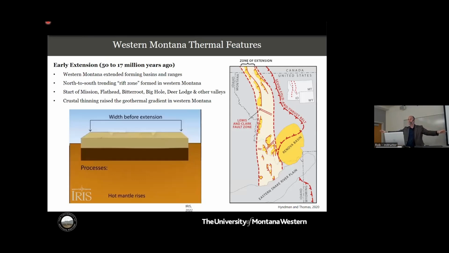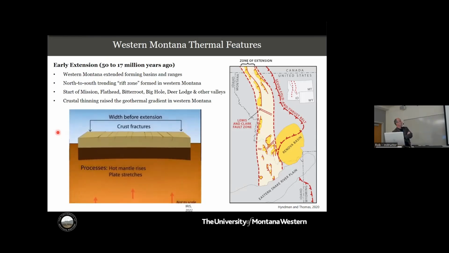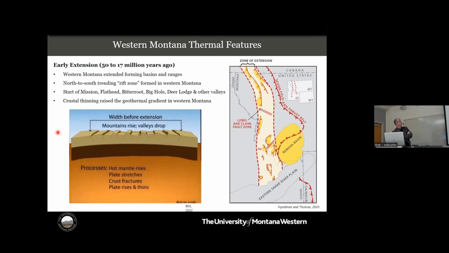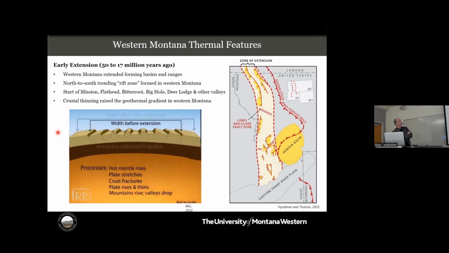Okay. That crustal thinning looks like this. So as it fell apart, the lithosphere, the rock sphere, is brittle.